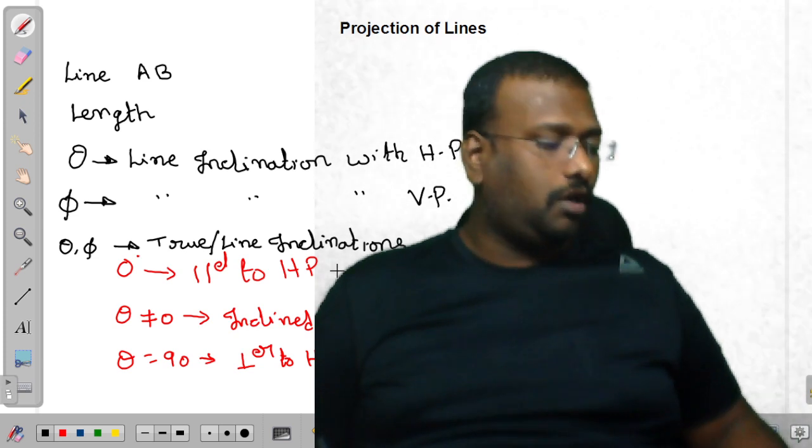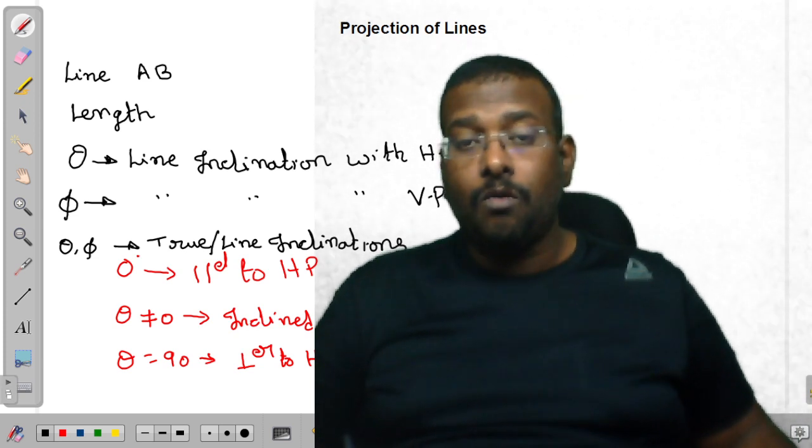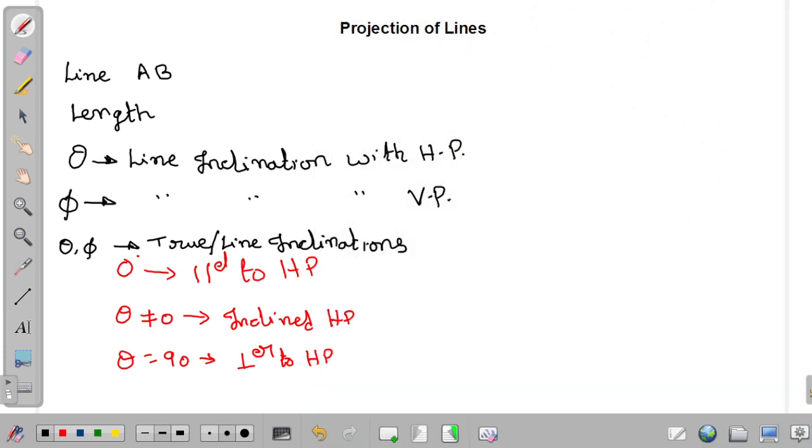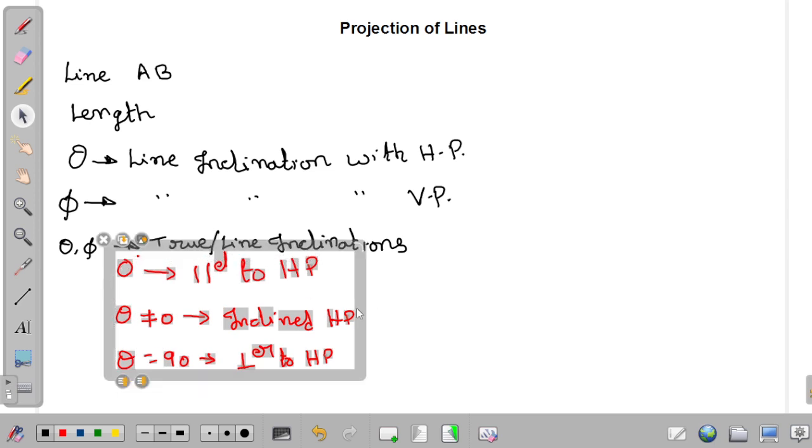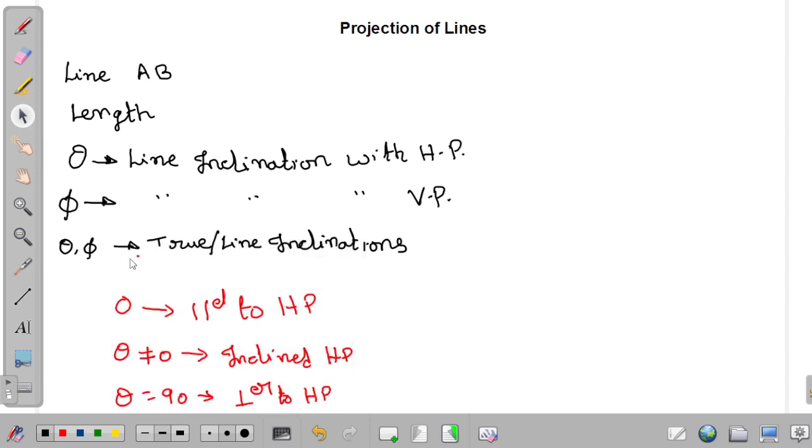Here you have to remember one more point. Theta, comma, phi should always be given with respect to principal planes.